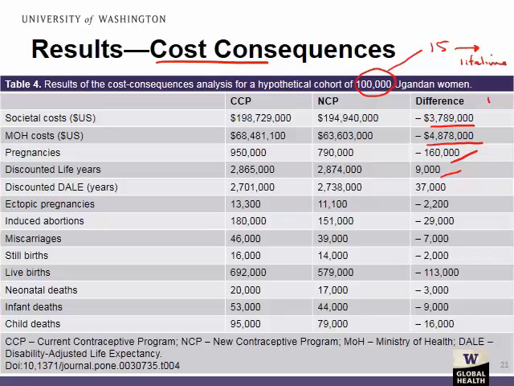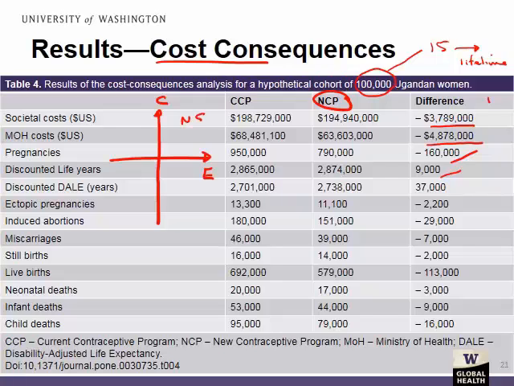But if you think about this on a cost effectiveness plane, let's draw a cost effectiveness plane here. And you have the cost axis here and the effectiveness axis here. This intervention, the new contraceptive program, is not in the northeast quadrant.